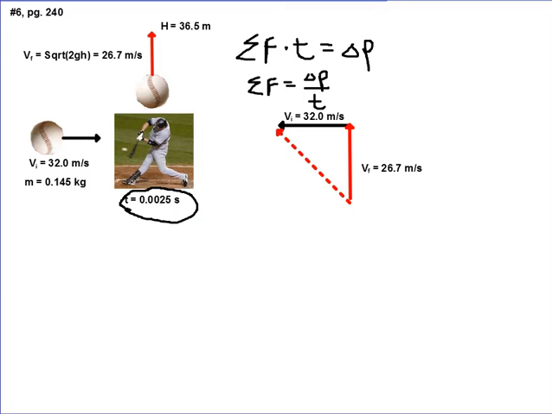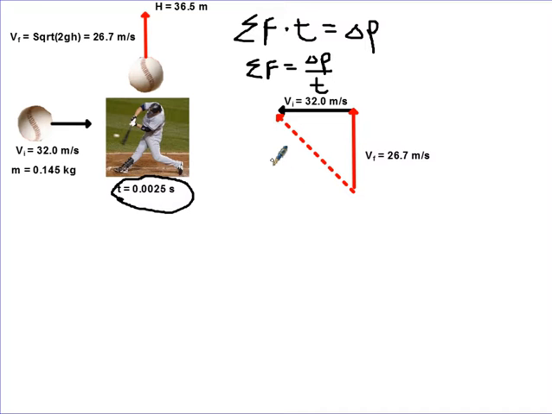When we do that math, we get that delta v is about 41.7 meters per second, and at an angle. That angle can be found using the arctangent function, so let's calculate that quickly. When you take the arctan of 32 over 26.7, theta comes out to about 50 degrees, roughly 50.2 degrees.